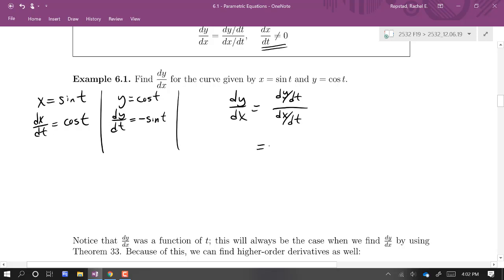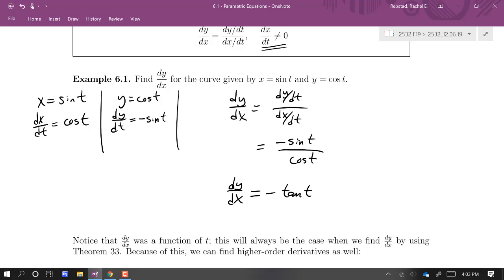That gives us minus sine t over cosine t, or minus tangent of t. Note that when we start with parametric equations expressed as functions of t, when we find dy/dx, we still get a function of t. It doesn't change it into a function of x.